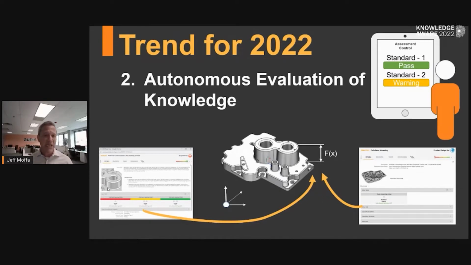So this is what we mean by autonomous evaluation of knowledge. To do this, we need to start to understand the core logic of how the process works and what are the elements of the process of doing that.